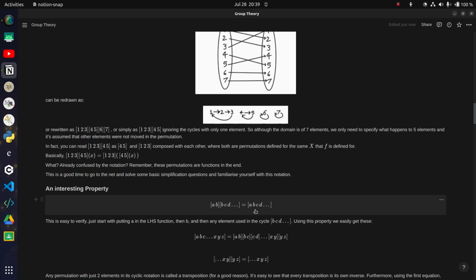It's easy to see that transpositions are their own inverse. A gets switched with B and then B gets switched with A, so A gets mapped to A if you apply a transposition to itself.